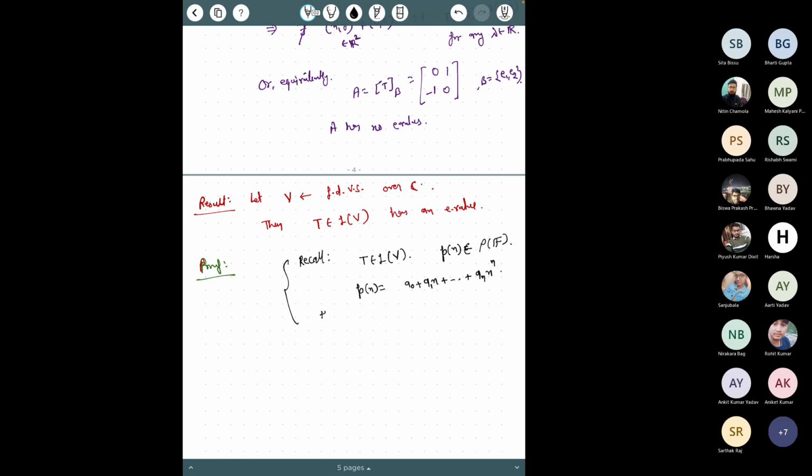If T is a linear operator, then this p(T), where you just replace x by T, is also a linear operator on V.